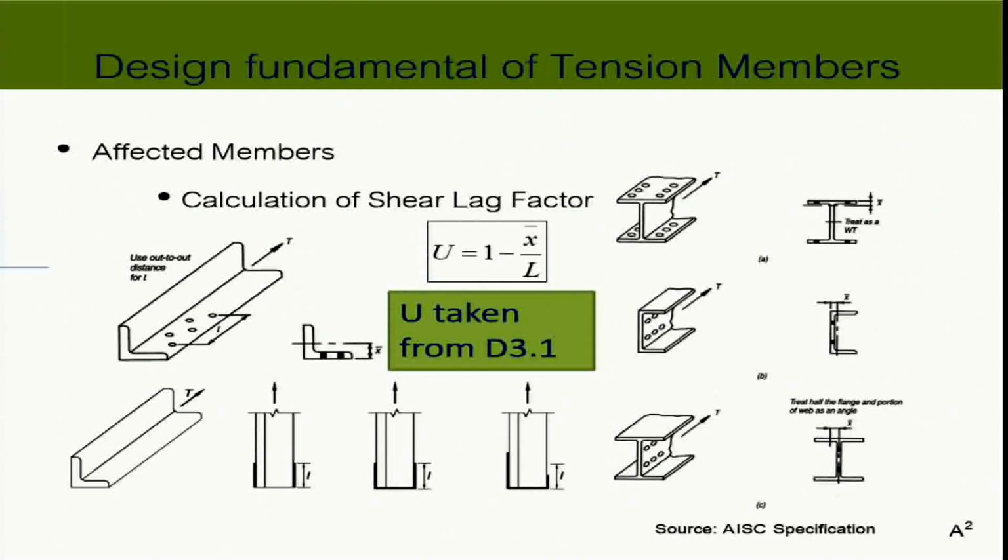It's just one number. Now this number has been removed from the spec, so it's up to you. He only suggests that as long as you have shear lag, you should at least reduce the strength by 10%. That's just a suggestion. You can use engineering judgment on that, of course.